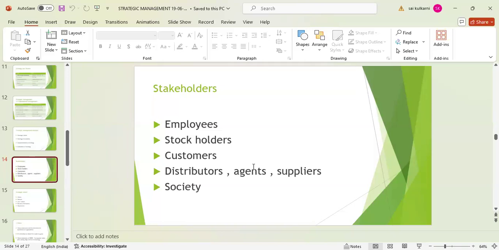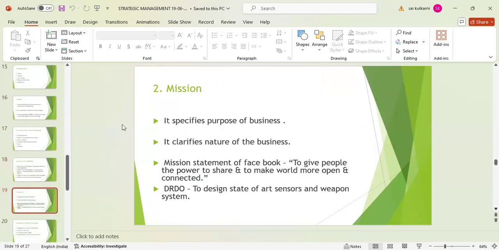So these middlemen have different kinds of interest, like commission and profit. These are also the stakeholders of business. And the last one, society. Last but very important. Why are society and organization interdependent? Because without the support of society, business cannot be run, right?